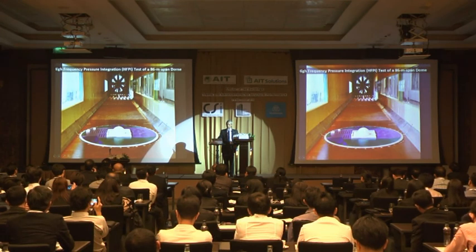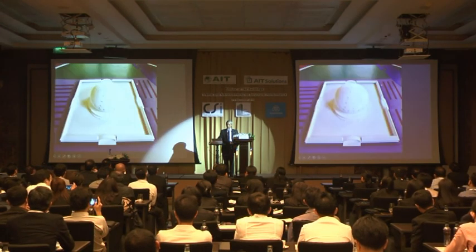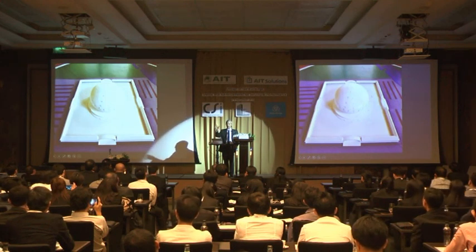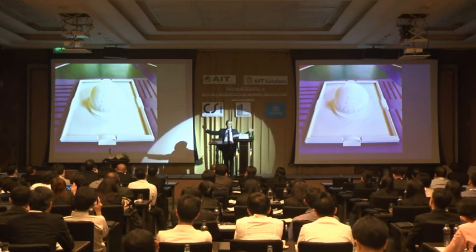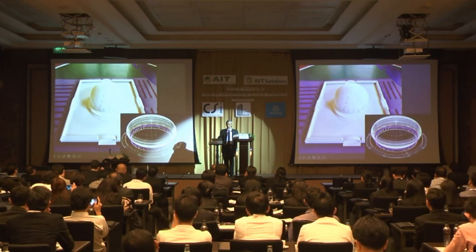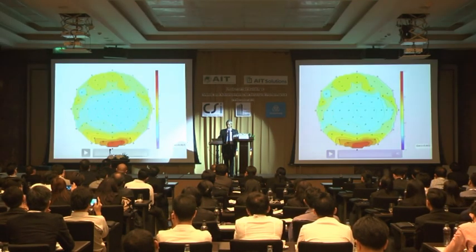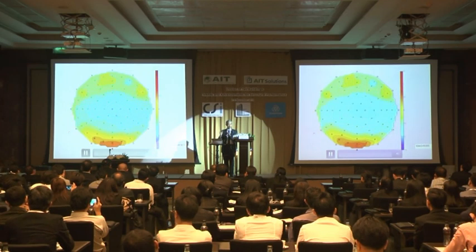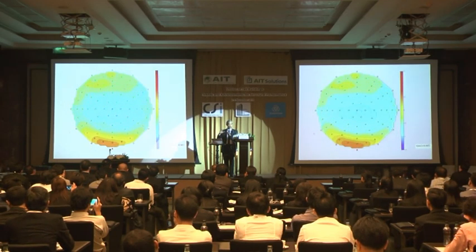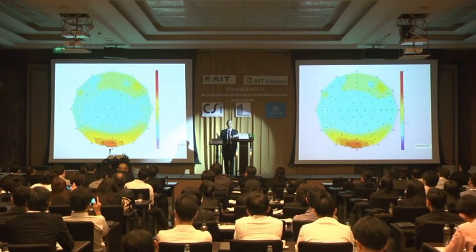This is a dome structure. That's how the dome looks. It's a small model, but in reality it's about an 86 meter wide dome. We can measure wind pressure acting on the surface of the dome.